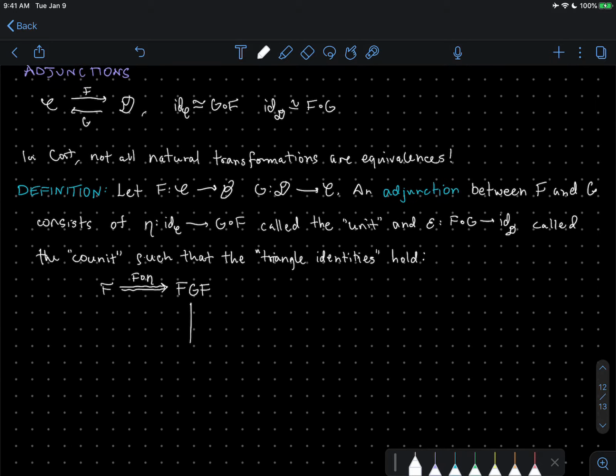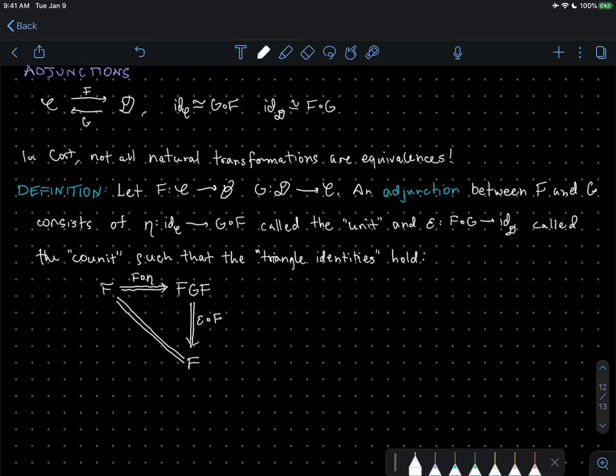Then we could also use the co-unit to contract those first two, F and G. So this is going to be a natural transformation called epsilon composed with F, and that will get us back to F. So the first identity is that this commutes, where this diagonal is the identity natural transformation on F.